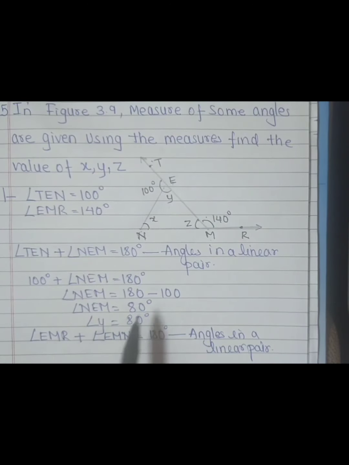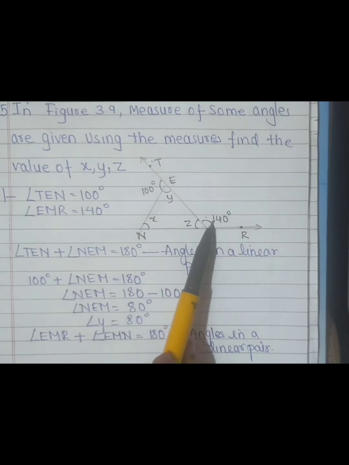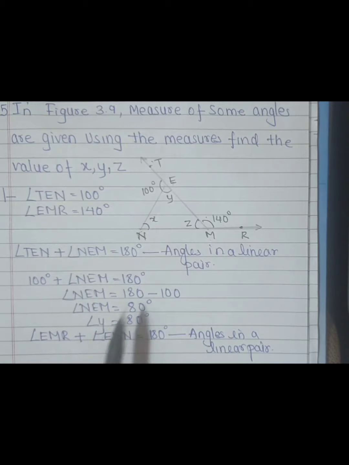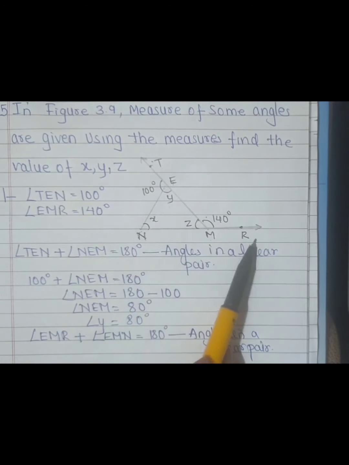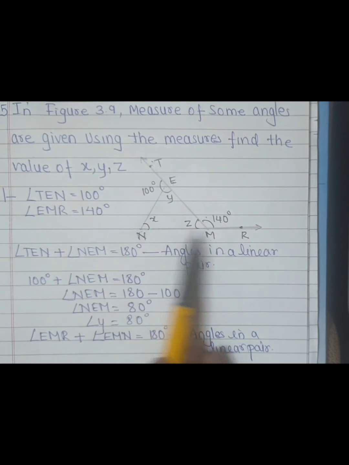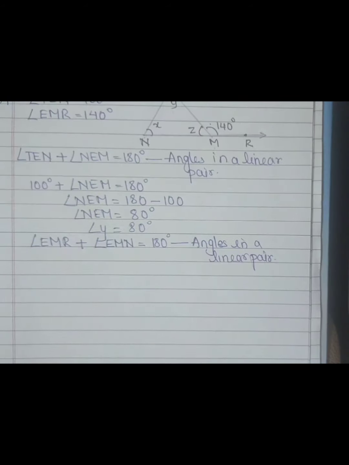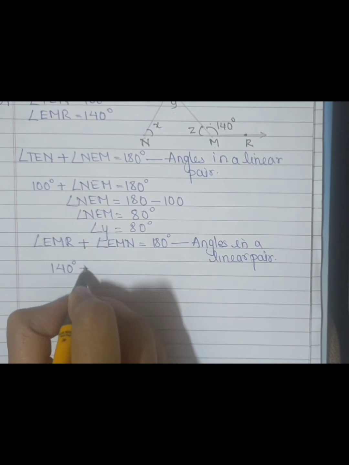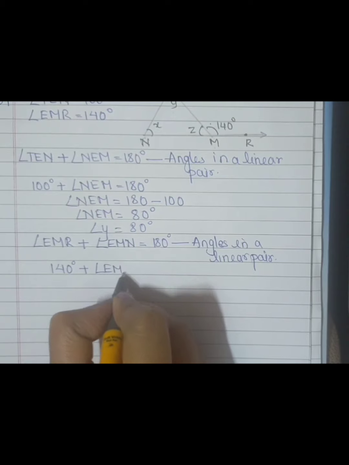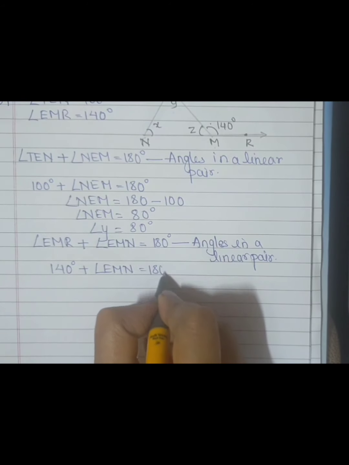See here, we have taken EMR which is given 140 degree, plus EMN equal to 180 degree because of the linear pair. So 140 degree plus angle EMN equal to 180.